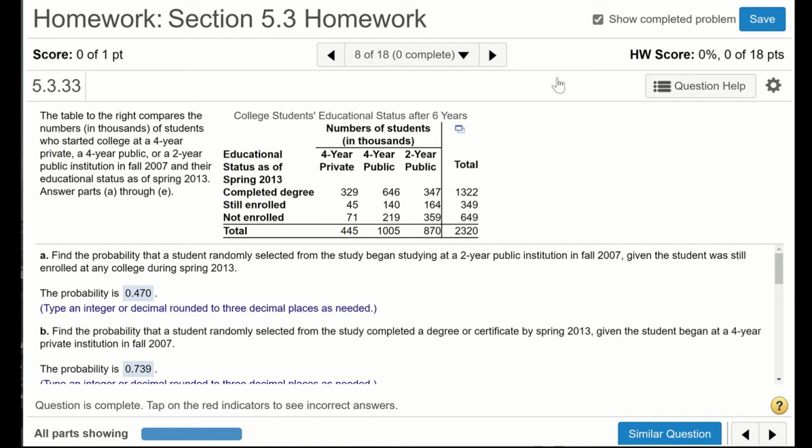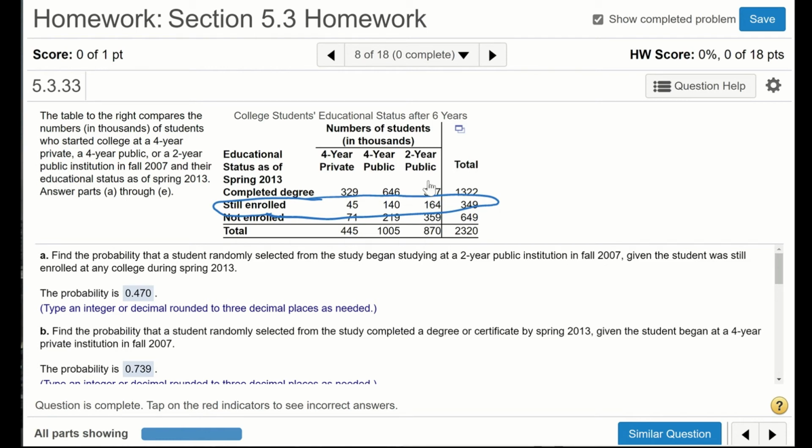So basically, this is going to be the row from which we will determine the sample space size. Okay, and so now we need to focus on the fact that we are looking for a student who began studying at a 2-year public institution in 2007, right?